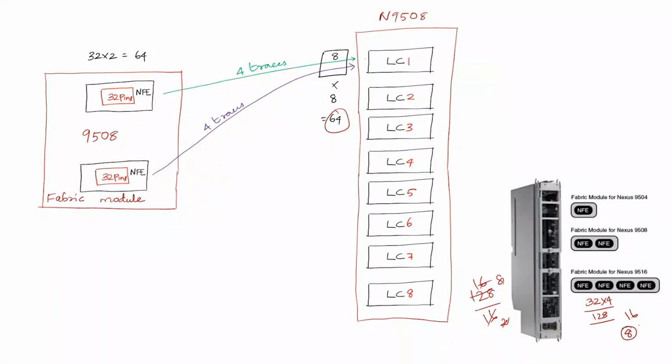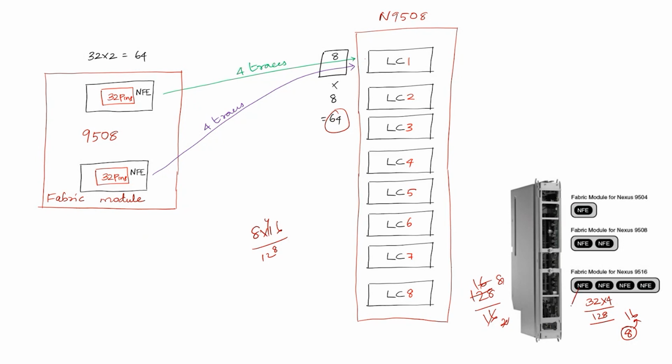From the fabric module, 8 traces have to go to each of the line cards. So if you calculate 8 into 16, that will become 128. So 8 traces from each of the line cards must be connected to the fabric module.